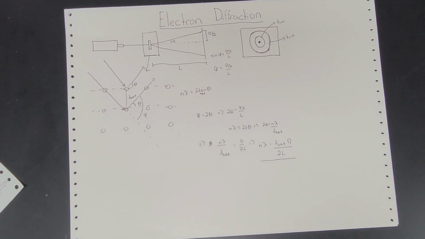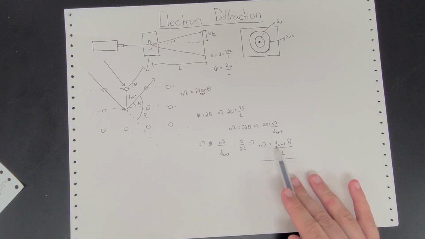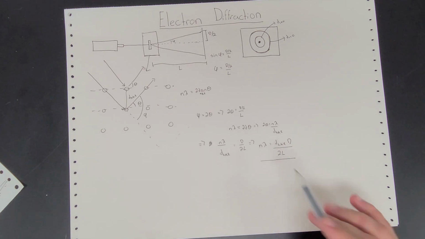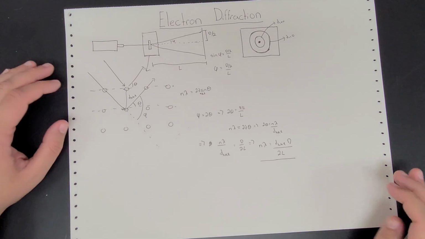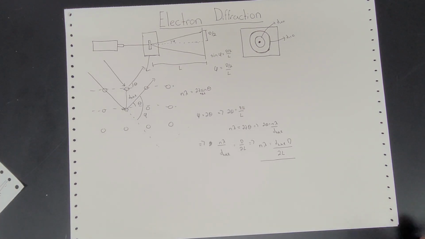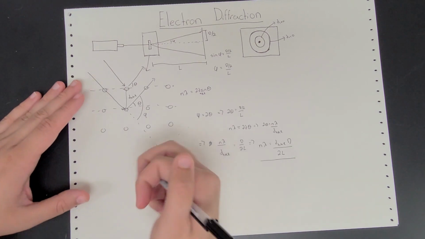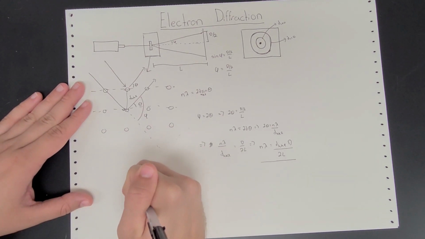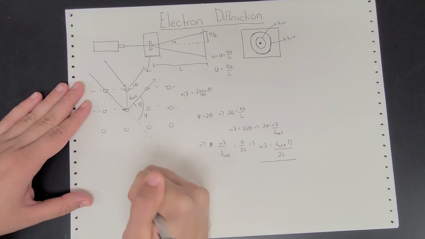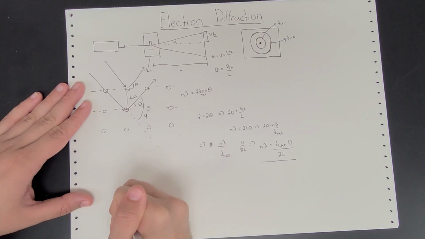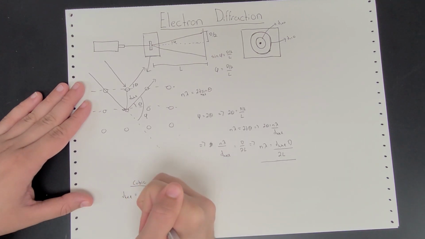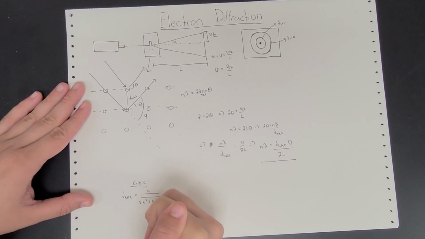From this equation, we are going to be able to determine the lattice constant, because if you remember, dhkl can be written in terms of a lattice constant times these Miller indices hkl. So for a cubic structure, dhkl is going to be equal to a over the square root of h squared plus k squared plus L squared.